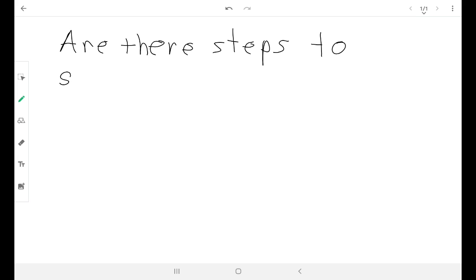Hi. You had a few questions about functions and polynomials, and I'm going to try to answer them the best way I can. So, your first question was, are there steps to solving these?